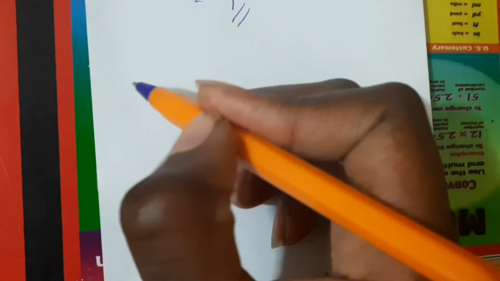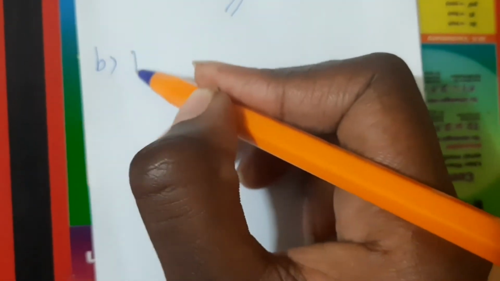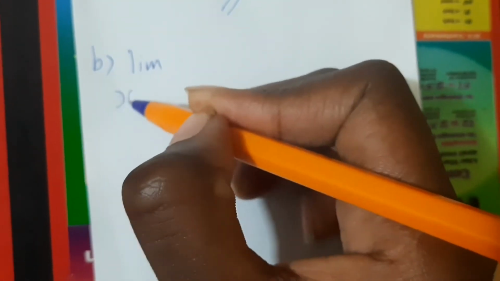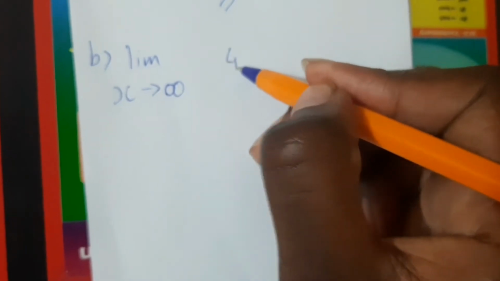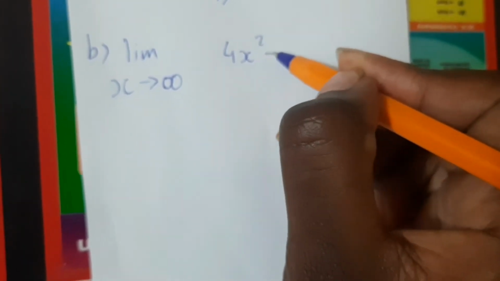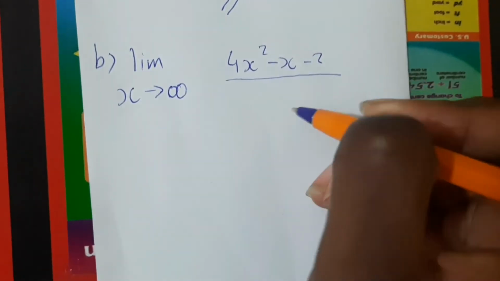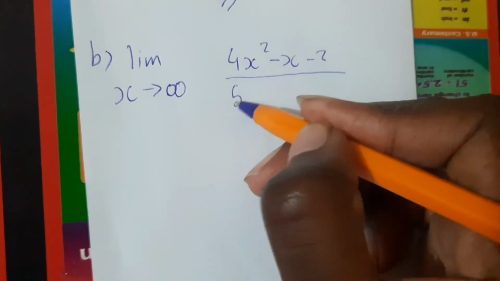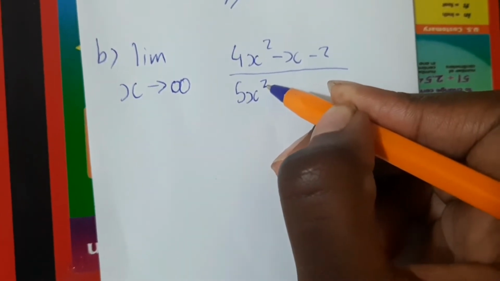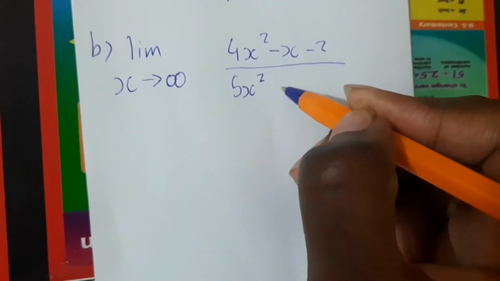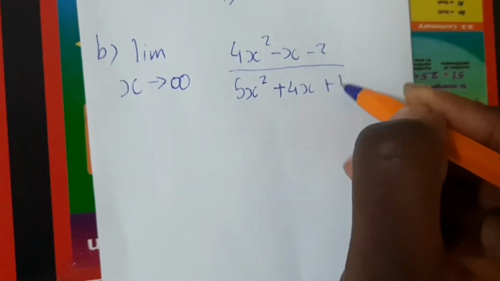So question 2, or should I say B, is the limit of x to infinity of 4x squared minus x minus 2 over 5x squared plus 4x plus 1.